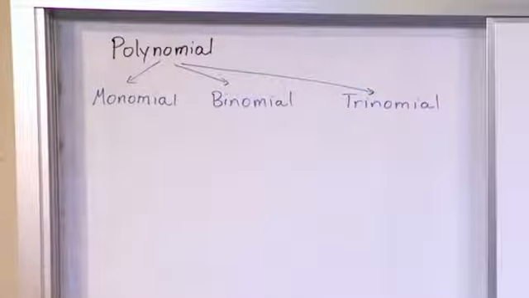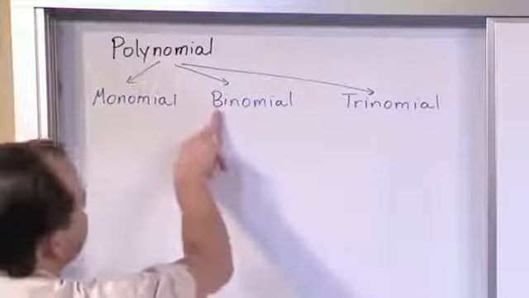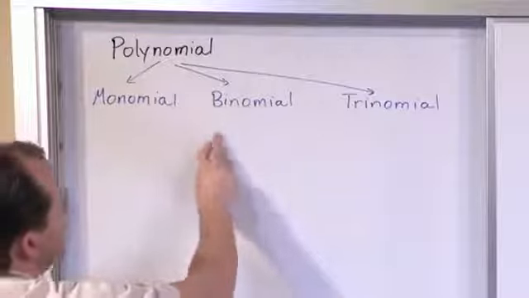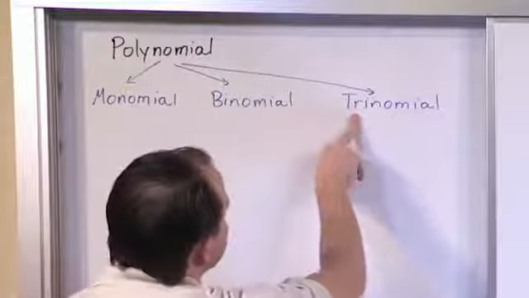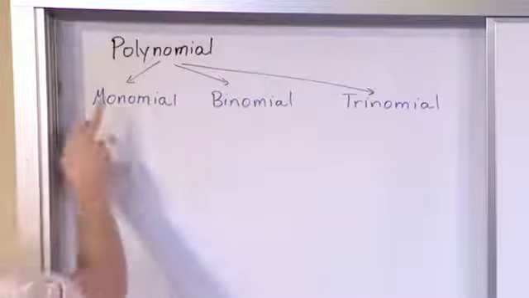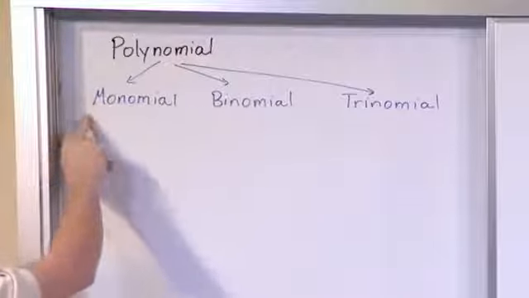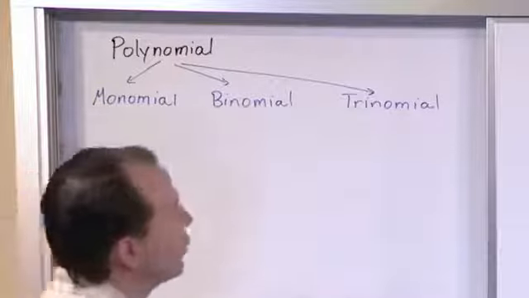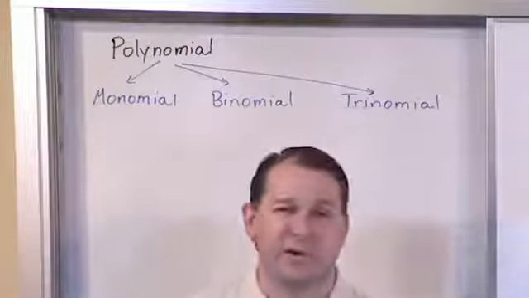So you have bicycle, starts with bi. That means two wheels. You have tricycle. That starts with tri. That has 3 wheels. And monocycle has 1 wheel. So those prefixes should tell you what we're talking about here.